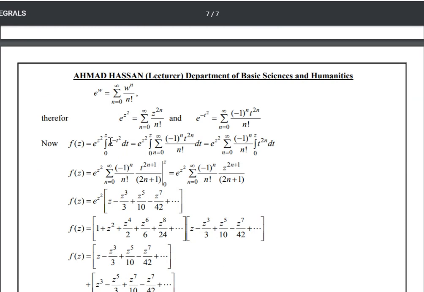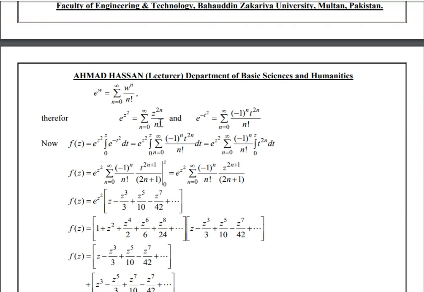Now integrate this series term by term, that is, just interchange the series summation and integration. Just like we know that the integral of f1 plus f2 is written as the integral of f1 plus the integral of f2.